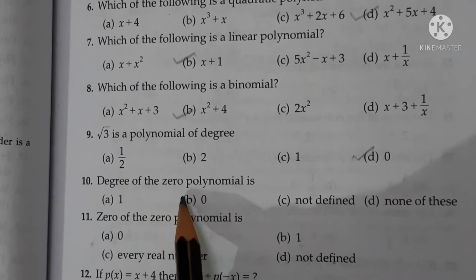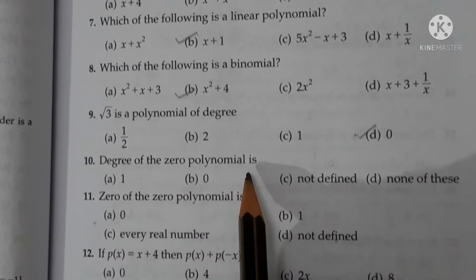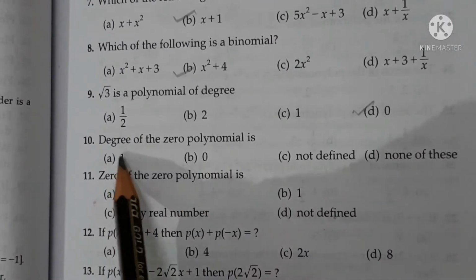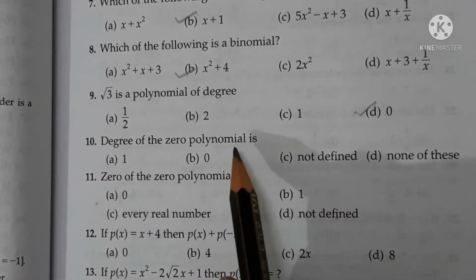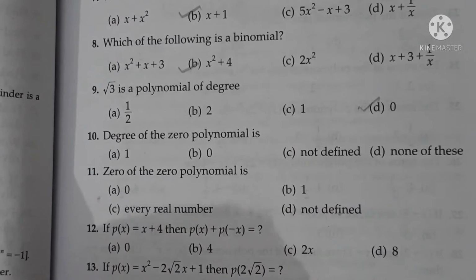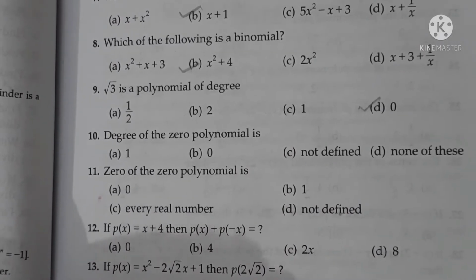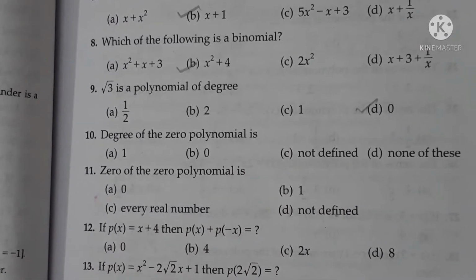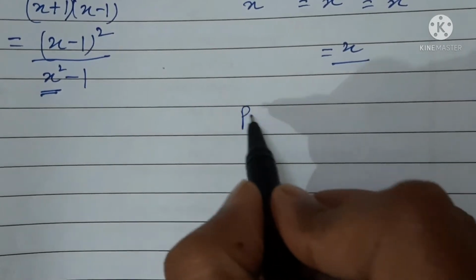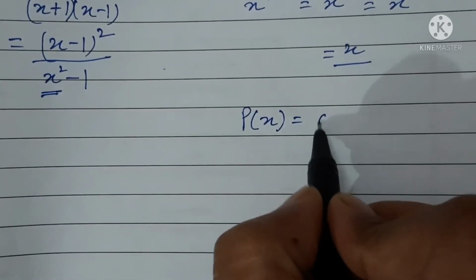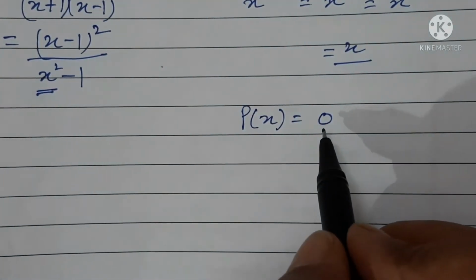Question number 10. Degree of the zero polynomial is. Zero polynomial means the polynomial has only the number 0. So it is like this: zero polynomial means p(x) is equal to 0, a number which is 0.